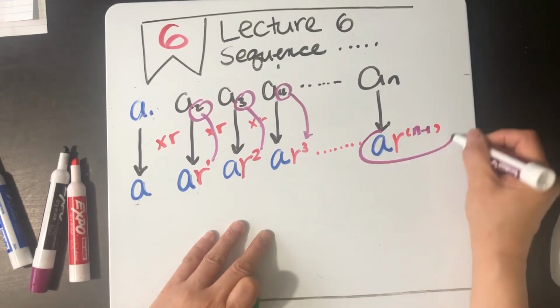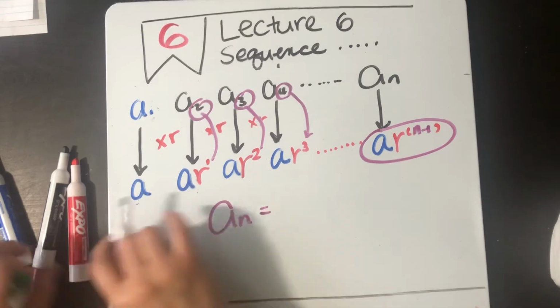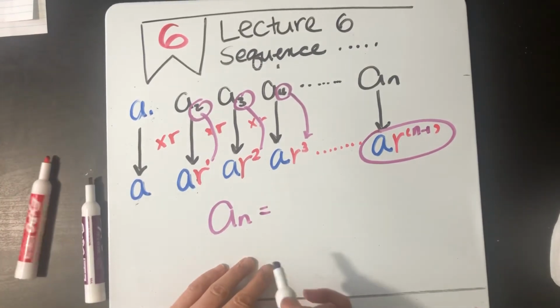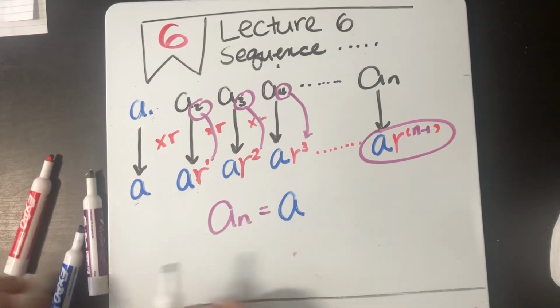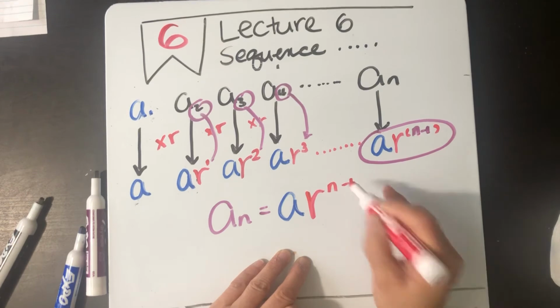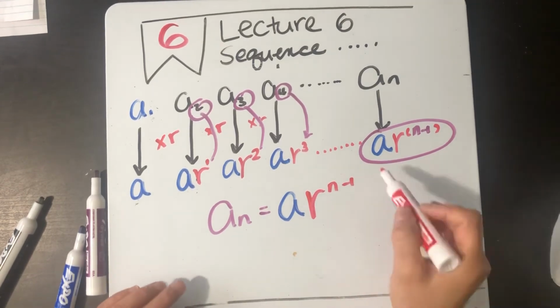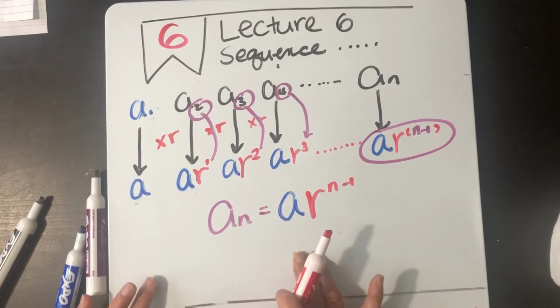So this is the formula: AN is the first term A times R, the ratio, to the power of N minus 1. This is the formula that we're going to be using.